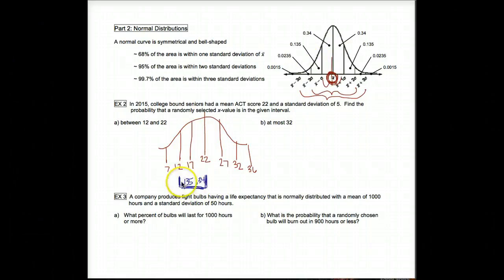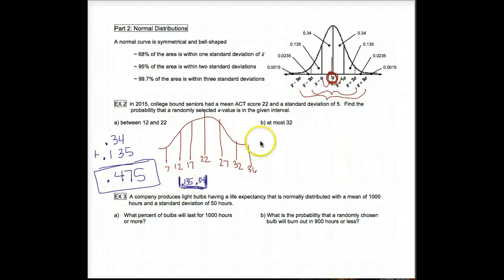So the probability of falling between these two would be 0.34 plus 0.135, which gives us 0.475. If it asks for probability, probability should always be given as a value between 0 and 1. What it means is there's a 47.5% chance of a score falling in that range.